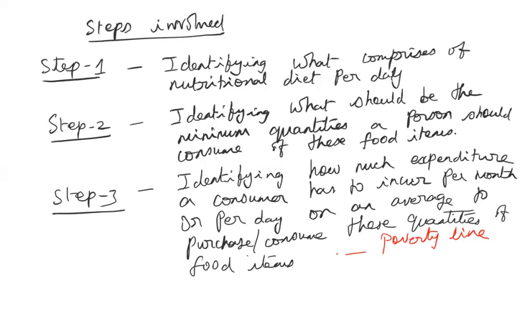Then the next step, what the government has to do, is identify how much percentage of the population is not able to spend this much money income, which means they are not purchasing the nutritional diet.